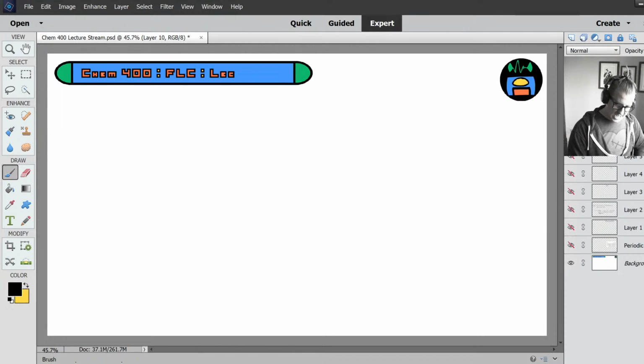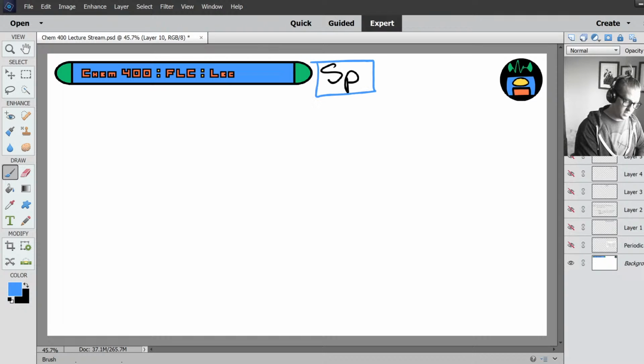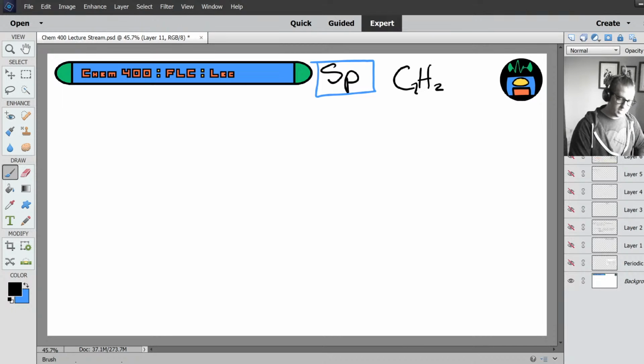All right, the last kind of hybridization type that we're going to dig into in this detail is sp hybridization, and we are going to look at sp hybridization with the molecule C2H2.